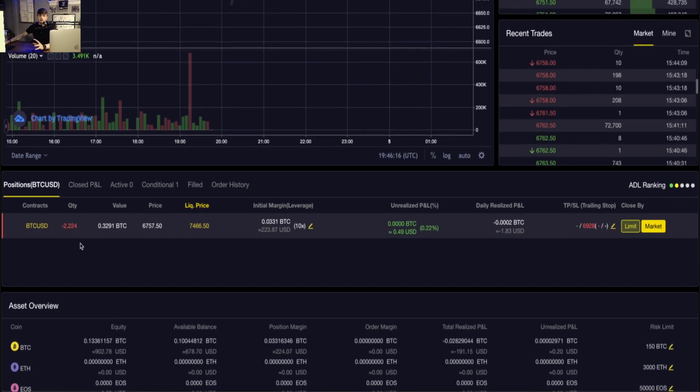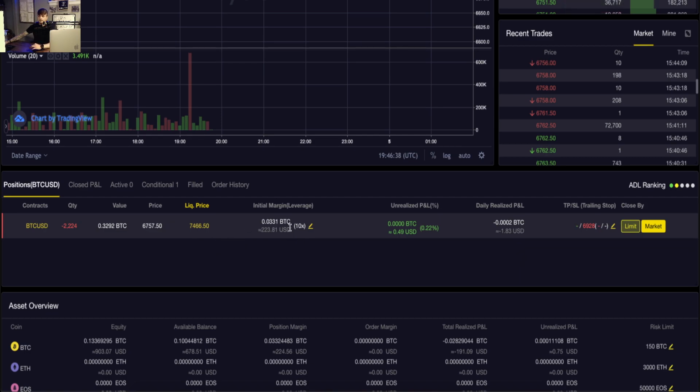So that's the quantity of our trade. Now if you can see over here, it says 223. Since I'm using 10x leverage, that's the amount that I'm actually using of my balance. I'm trading with 2,224, but this is what I'm using because I'm using 10x leverage.